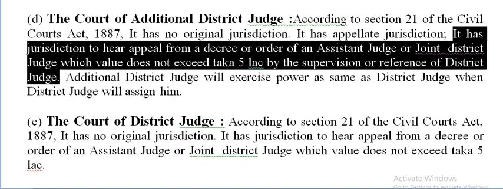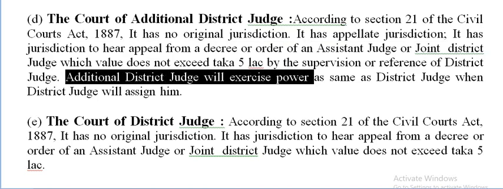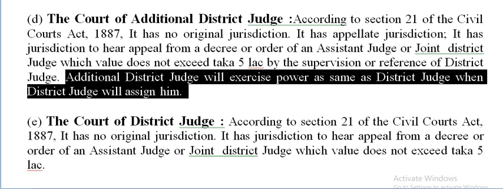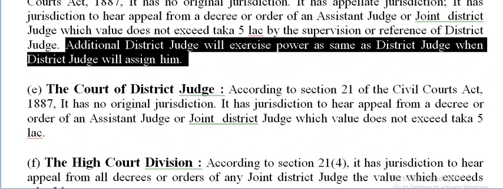If a district judge doesn't refer the matter, the additional district judge won't be able to hear it. The additional district judge will exercise power the same as the district judge when the district judge assigns him. But if the district judge doesn't assign him the matter, he won't be able to hear it.